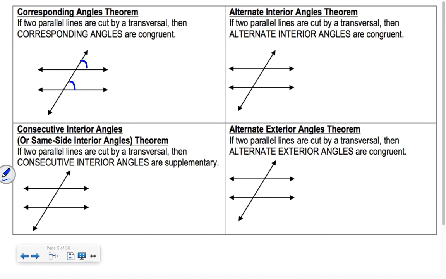So if parallel lines are cut by a transversal, then alternate interior angles are congruent. So like these two would be congruent to each other. How many pairs of those are there? How many more sets? One more. Yeah, does that make sense? Because they're inside and they're opposite sides of the transversal. Consecutive interior angles, so same side interior angles. Those ones are not the same. That's where they are supplementary.